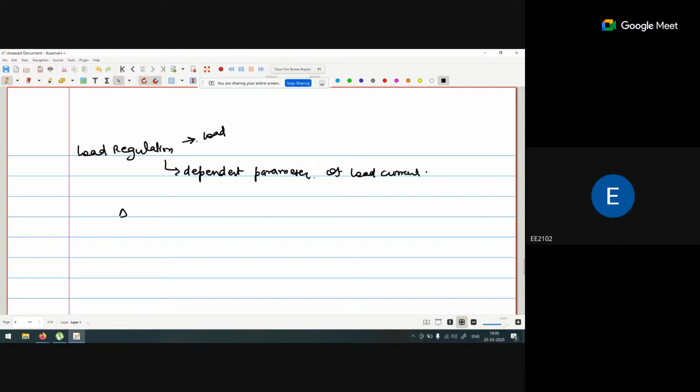So we can say it is the change in the output voltage when IL is changed from 0 to max. For example, this is my circuit with R1, R2 and out. When no current is flowing, that means there is no load resistor, because if there is a resistor there is a path and the current will flow.